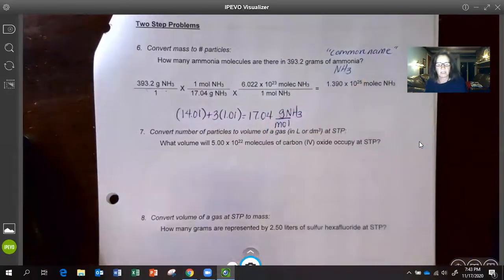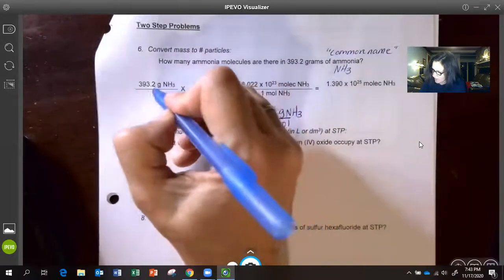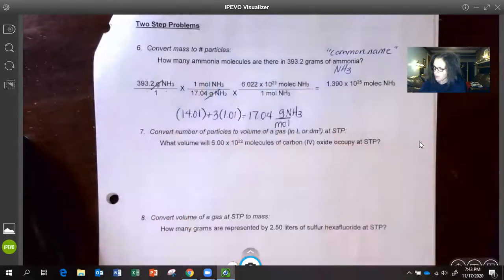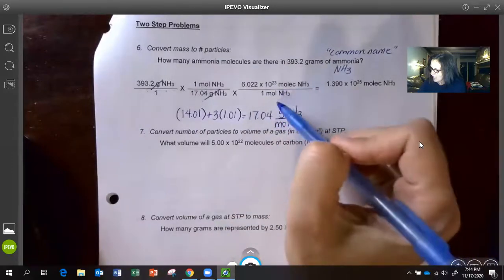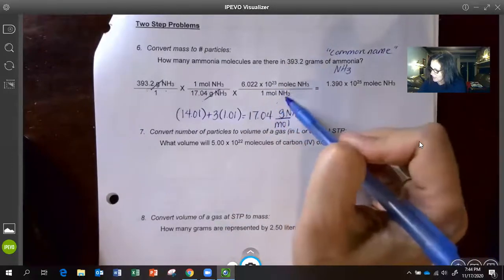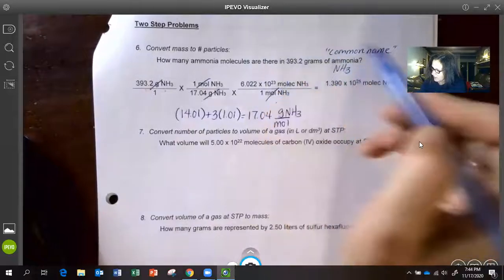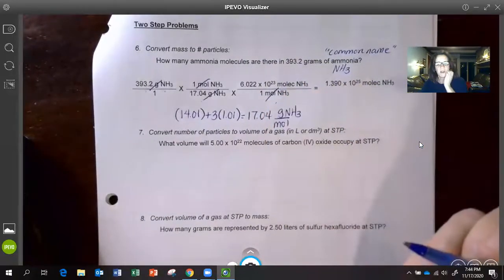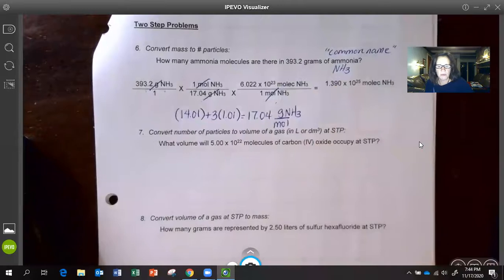Okay, that's called my molecular or molar mass. So if I use molar mass as a conversion factor, I will have then converted my grams to moles. And then the last step is to use Avogadro's number to get the number of molecules. Again, moles will cancel, and then we have 4 sig figs in our answer. So the steps here remain the same.